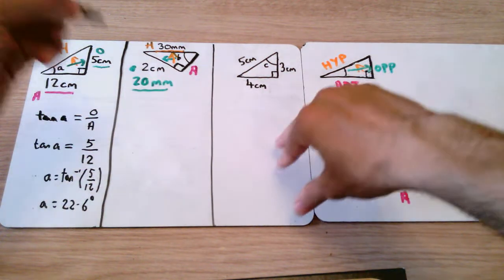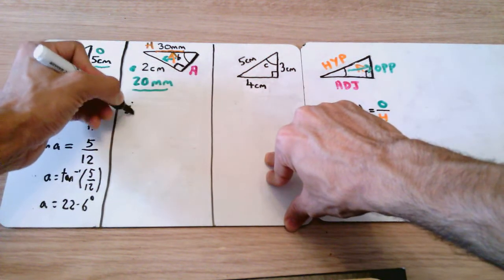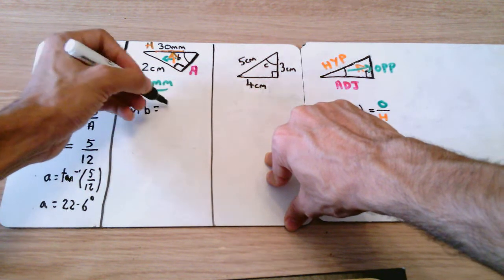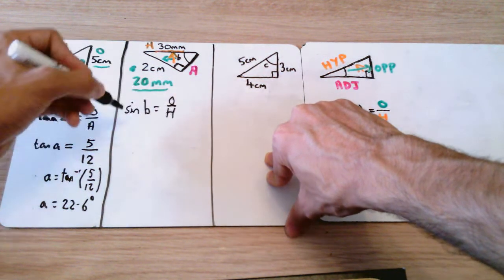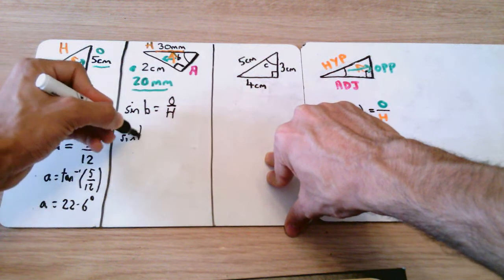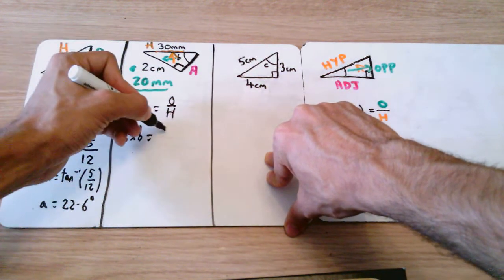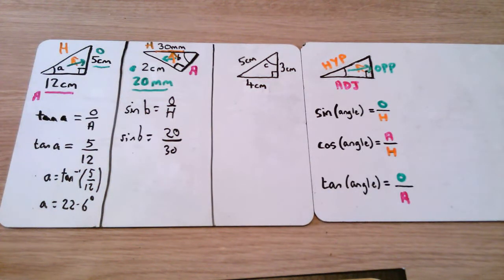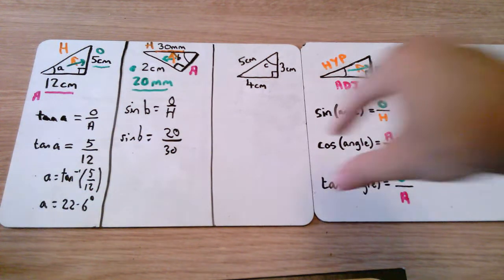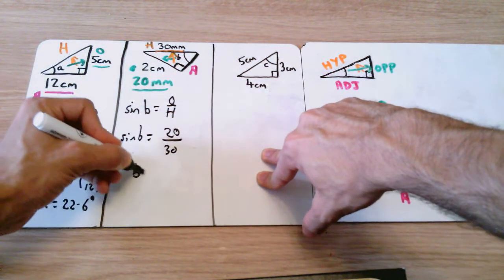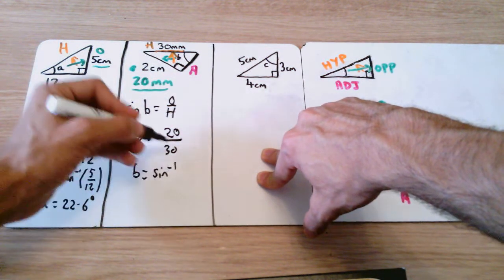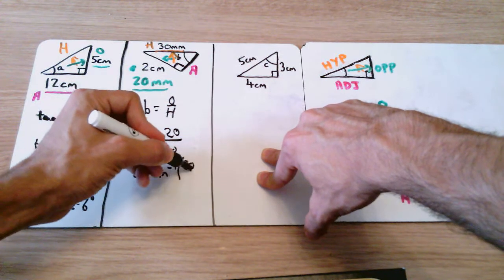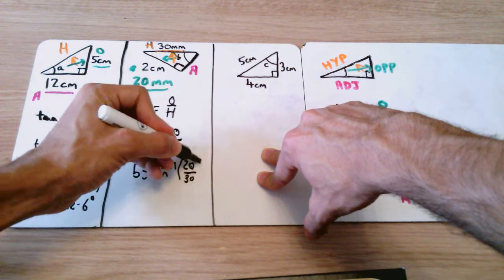So we write down our formula. Sine of B is equal to O divided by H. When we substitute in, sine of B is equal to, the opposite is 20 divided by 30. Now we said to work out the angle, 20 divided by 30 is 2/3 or 0.6 recurring. That's not an angle. We need to find out the value for B. B is going to be the inverse function, sine minus 1, 20 over 30.